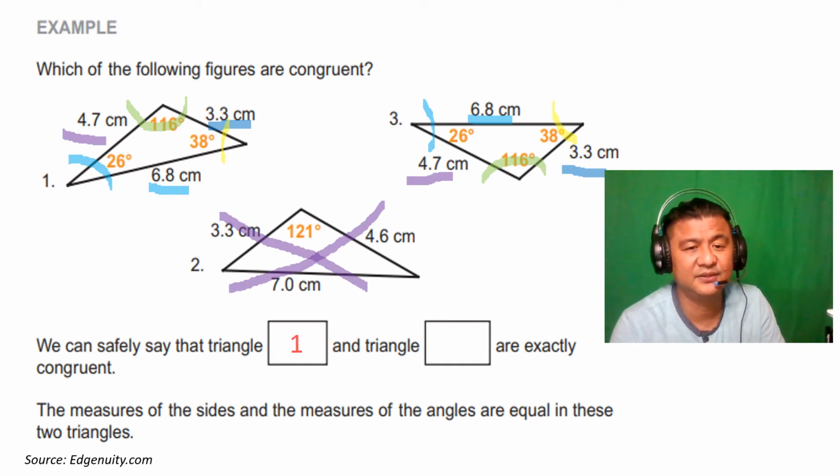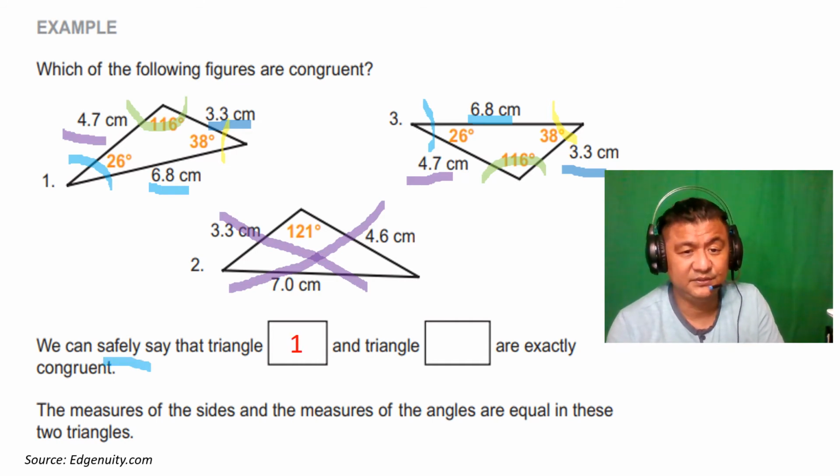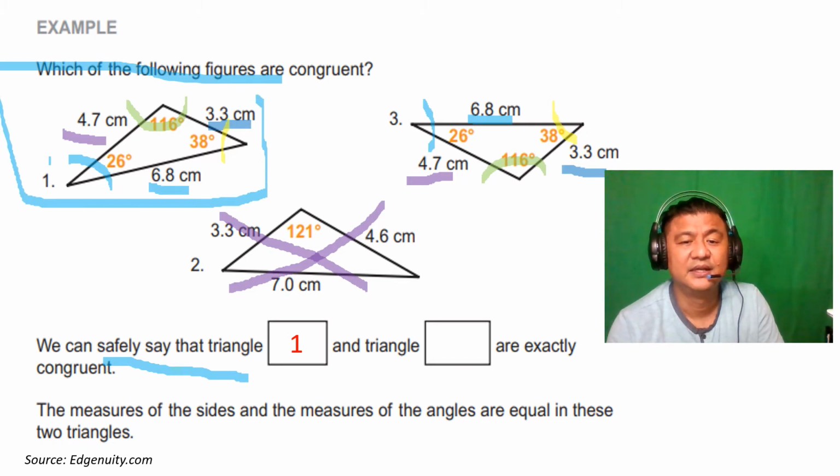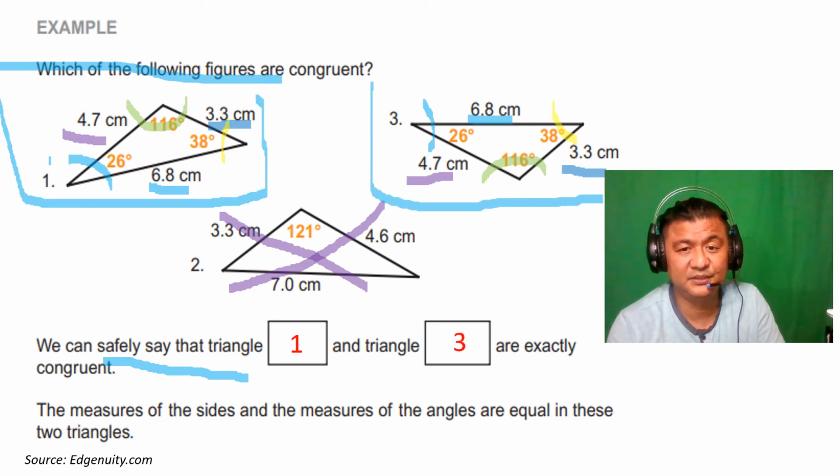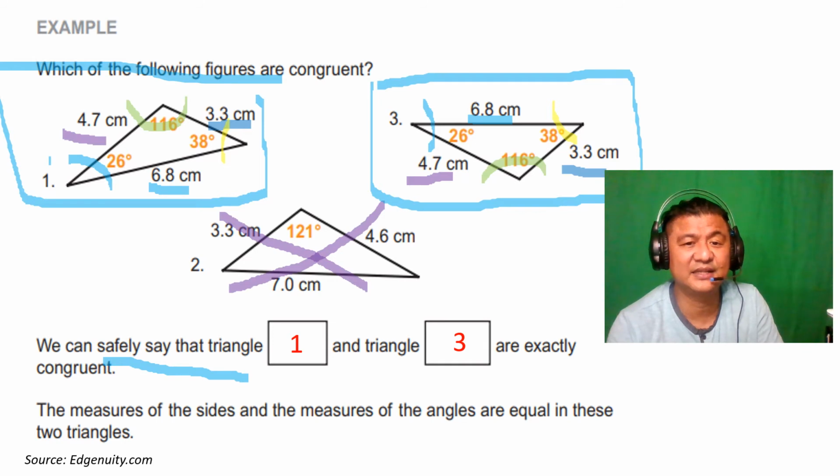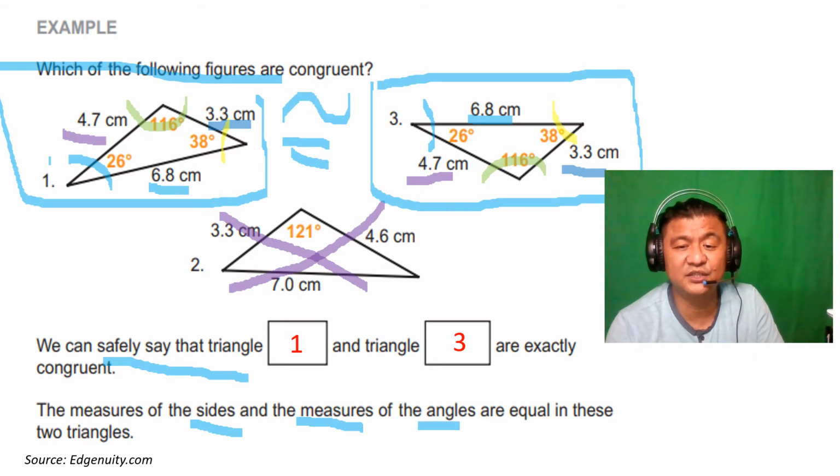We can safely say that triangle 1, this is number 1, and triangle number 3 are exactly congruent. See that symbol? Meaning the measures of the sides and the measures of the angles are equal in these two triangles, corresponding sides and corresponding angles.